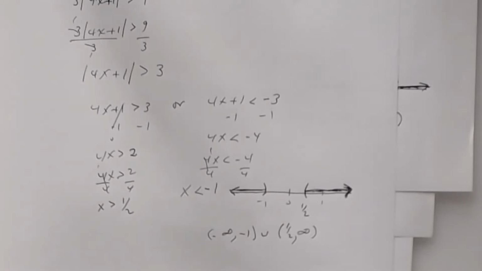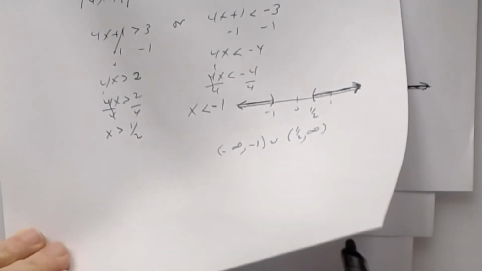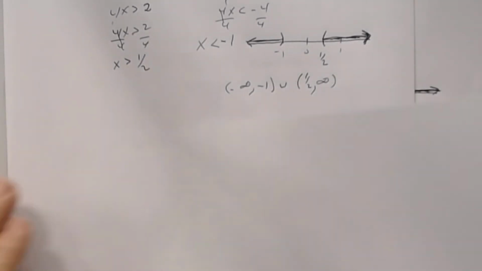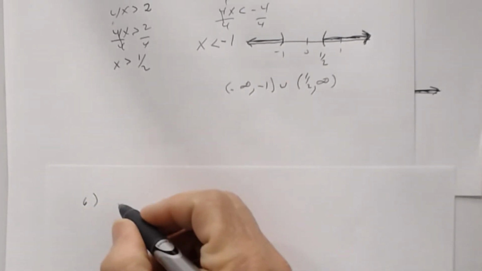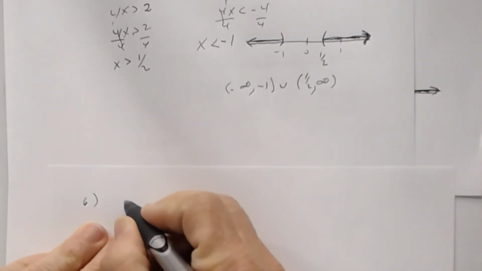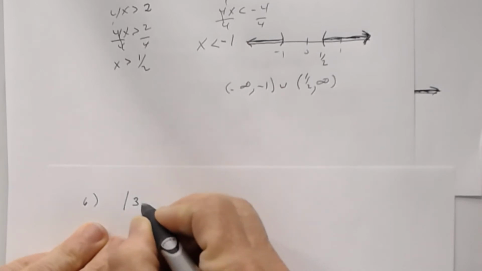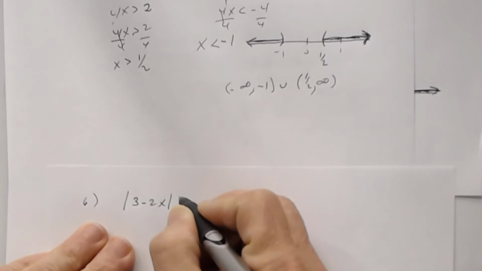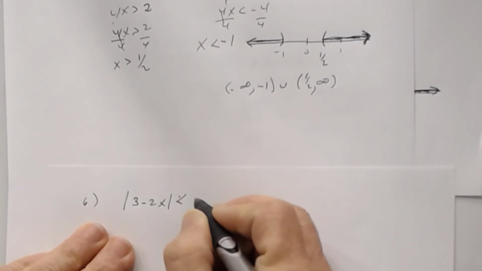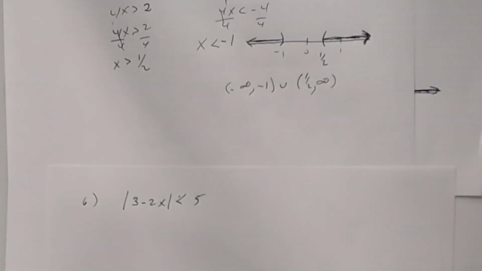All right, number 6. Suppose you had the absolute value of 3 minus 2x is less than, let's say, 5.